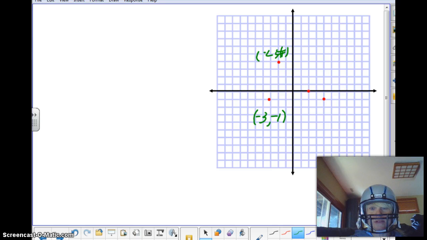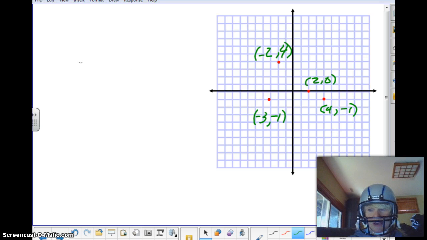That's going to be -2 and 4. All right, this one is over 2 but doesn't go up, so y is 0. And this one is over 4 to the positive and down 1. Okay, so we have our coordinates.